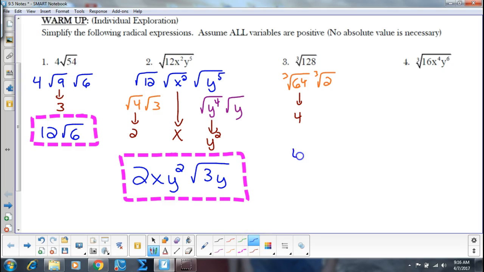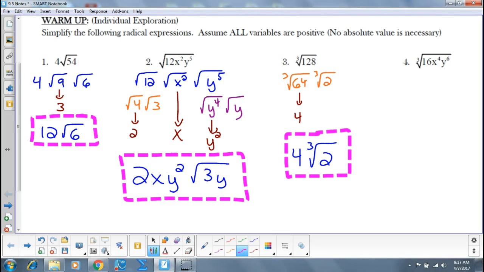So that gives me 4 times the cube root of 2. Lots of people forget to put the cube root part, and they just put square root. Okay? Lots of people got ones wrong on the formative. So you always bring that down. It stays with you the whole problem. Got it. Yep. Unless by rational exponents you change it. Okay?